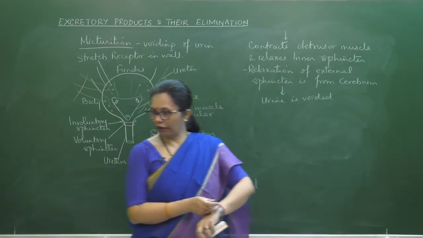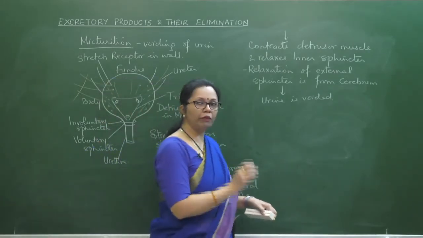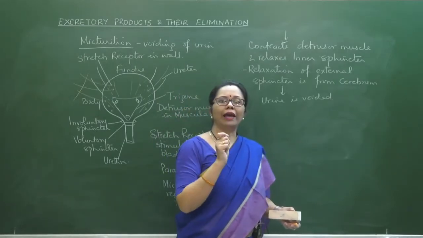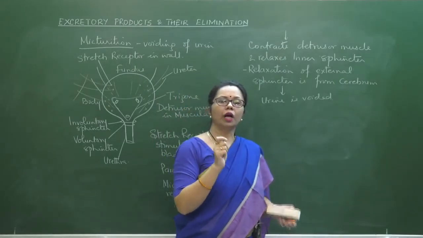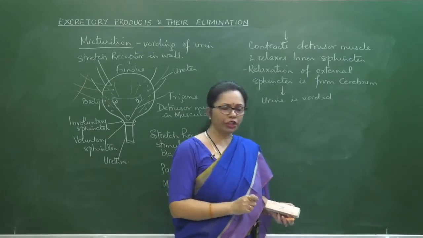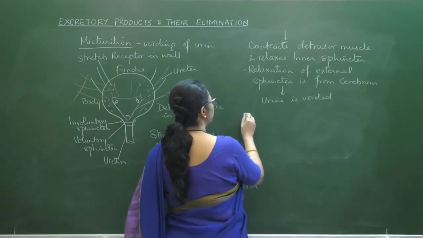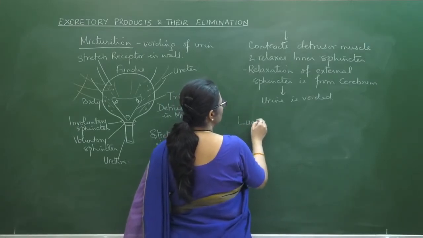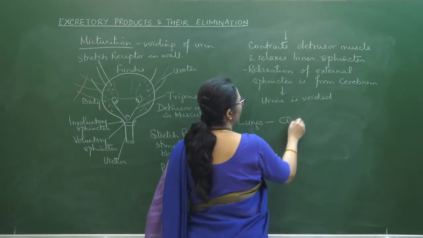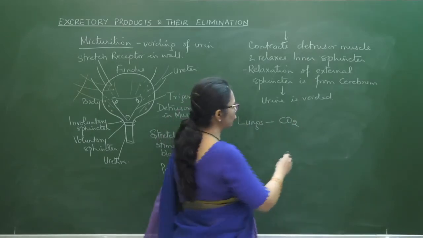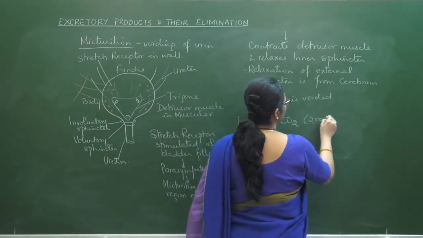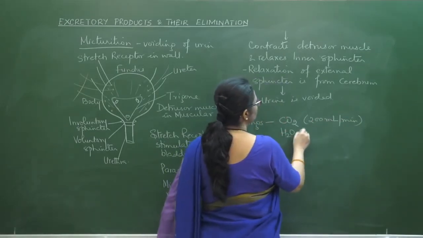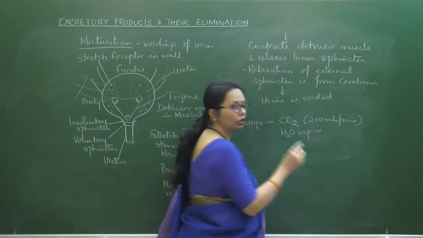We are ending with the time, but anyway, disorders, more or less, I have mentioned. Now some of the accessory structures which are also involved with excretion. Other excretory organs, as mentioned for the lungs: the lungs are exhaling carbon dioxide at the rate of 200 ml per minute, and along with that we do lose some water vapor also, which of course is a loss for our body.